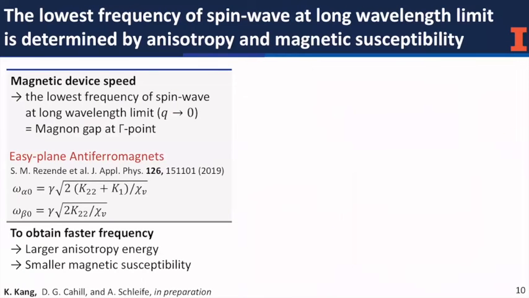One of the most important reasons for magnon dispersion calculation is the estimation of the speed of the dynamics, which is connected to the magnetic device speed. So the lowest frequency of a spin wave at the long wavelength limit is actually the magnon gap at the gamma point in magnon dispersions.